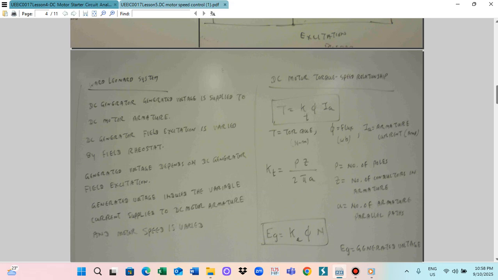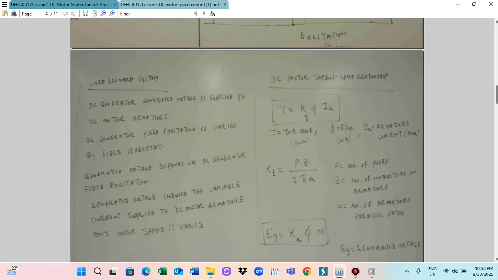So we adjust the excitation so the generator voltage can be adjusted. The adjusted generator voltage supplies the DC motor, and then the DC motor speed will be adjusted.